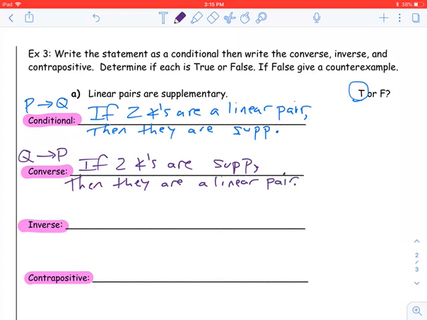When it says two things are supplementary, that doesn't mean they automatically have to be next to each other, right? So a linear pair has to be next to each other. Supplementary doesn't. So this would be false, because what if I had like these two angles? Those might be supplementary, but they're not next to each other. So that would not be a linear pair.